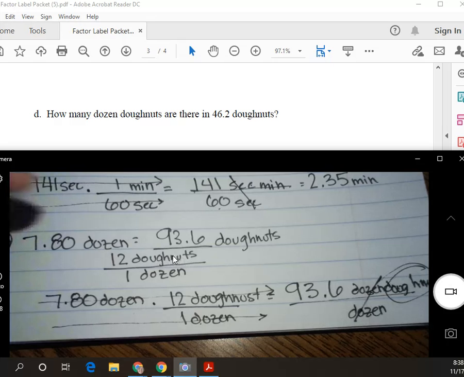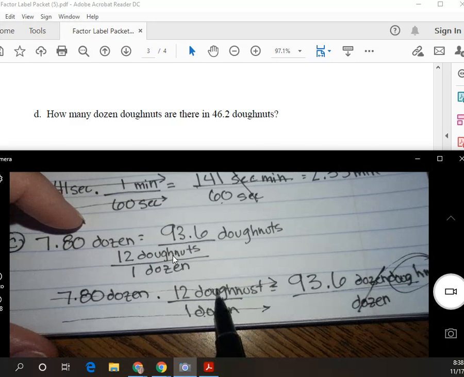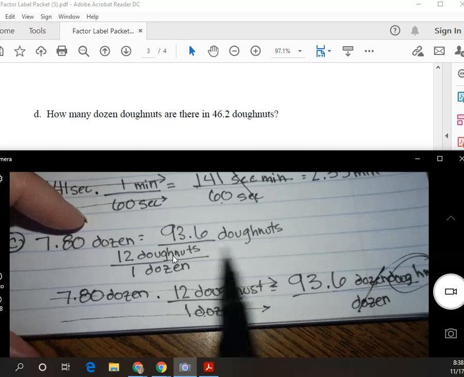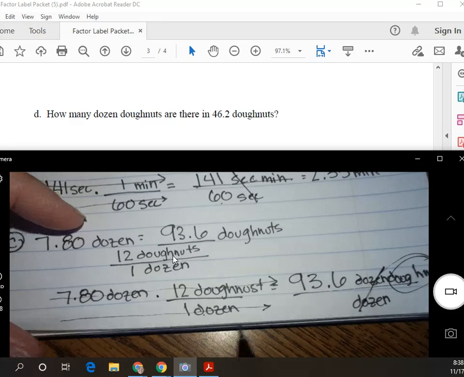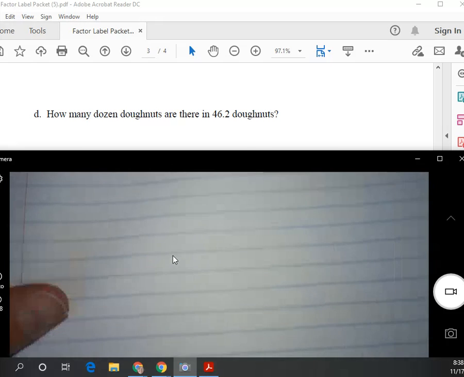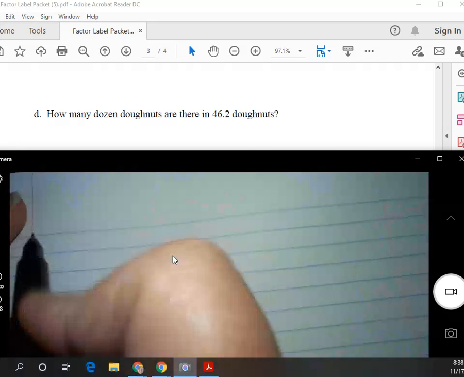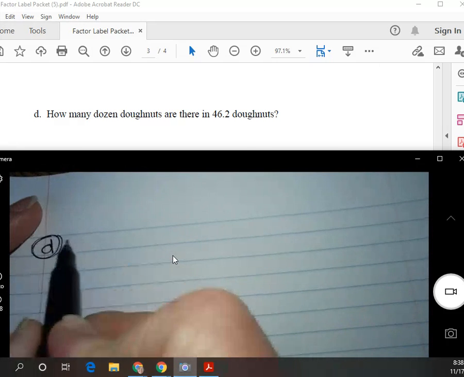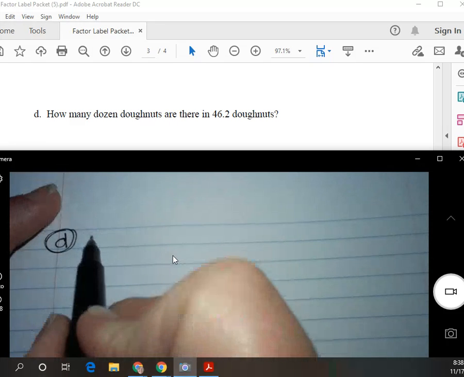All right, so yeah, you're going to divide because this conversion factor is going to be upside down. So let's check that out. Okay, and then I'll let you go on your own for a little bit. So D says 46.2 donuts.